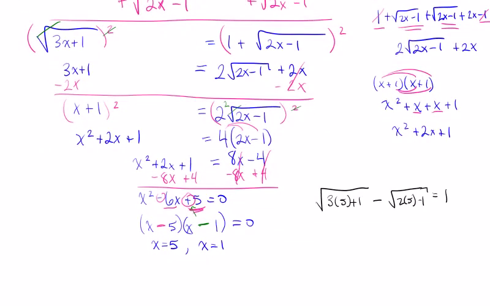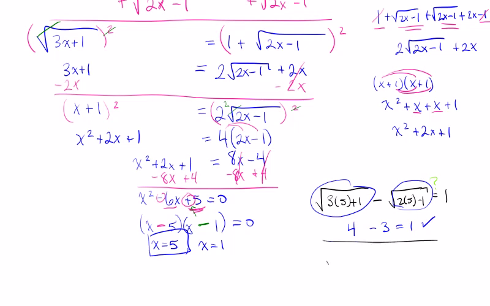Right, and so we're just checking here, does that equal 1? And so here we have 16 underneath, right, the radicand, so the square root of 16 is 4. Here we have 10 minus 1 is 9, so this would be the square root of 9, which is 3, and 4 minus 3 does equal 1, right? So this one works. Now let's try the other one.